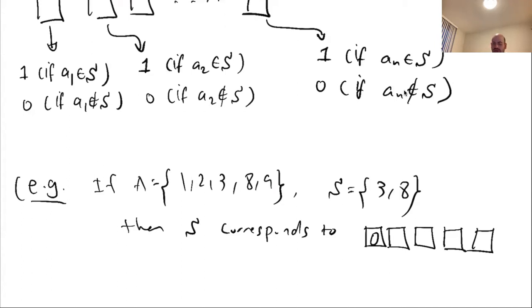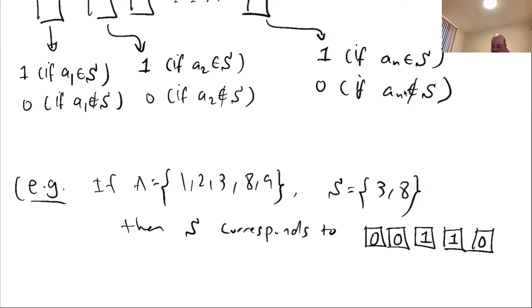Is 2 in S? No, so I have to fill it with 0 again. Third element of A is 3. Is 3 in S? Yes, so I have to fill it with 1. Next element is 8. Is 8 in S? Yes, so again, fill it with 1. Next element, 9. Is 9 in S? Answer is no, so fill it with 0.